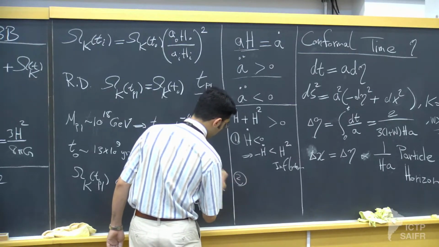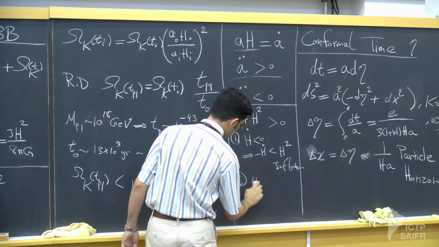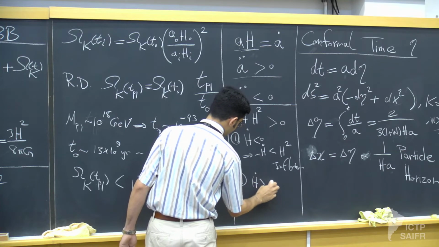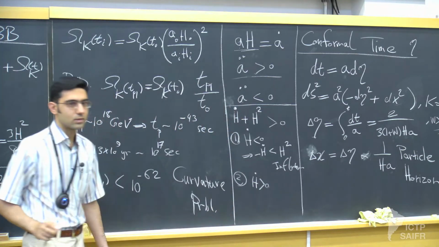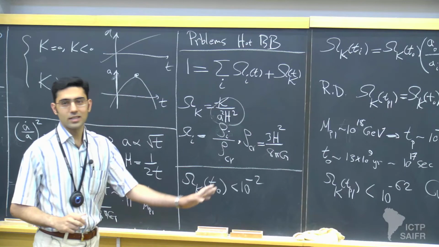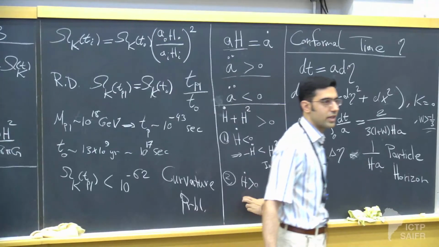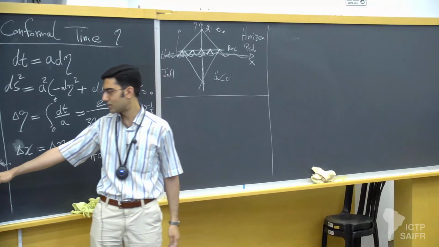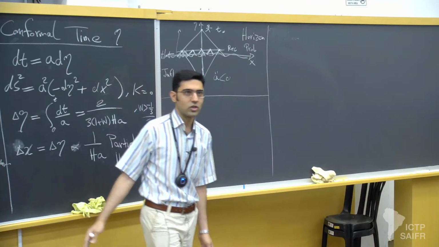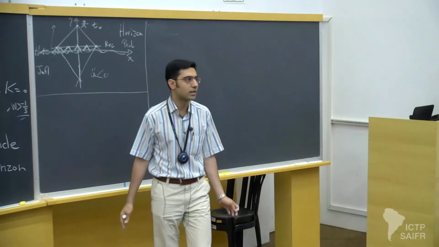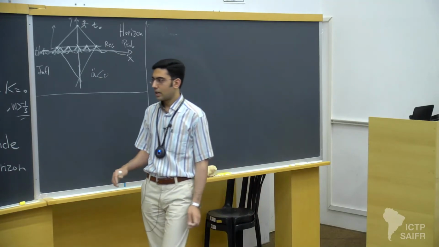Option number 2 is when H dot is larger than 0. And this is not inflation. However, there are alternatives to inflation which satisfy this property. For instance, one of them is called the ekpyrotic universe.